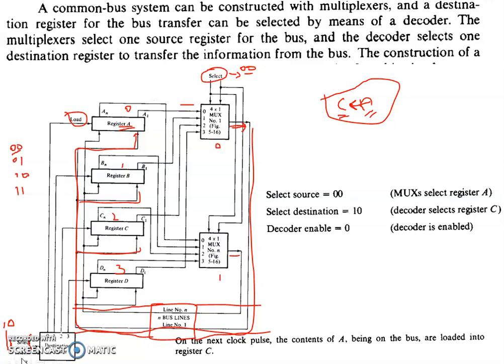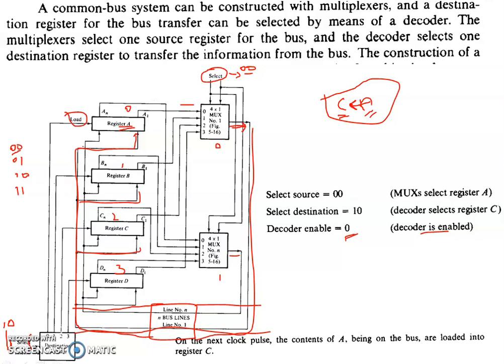Before that, it will enable the decoder using this 0 input. If 0 is given, then the decoder will be enabled, which helps in performing the load operation. So the load is initiated for the particular register. In this destination decoder, two inputs identify the target register, and the other one enables the decoder, which initiates the load operation.